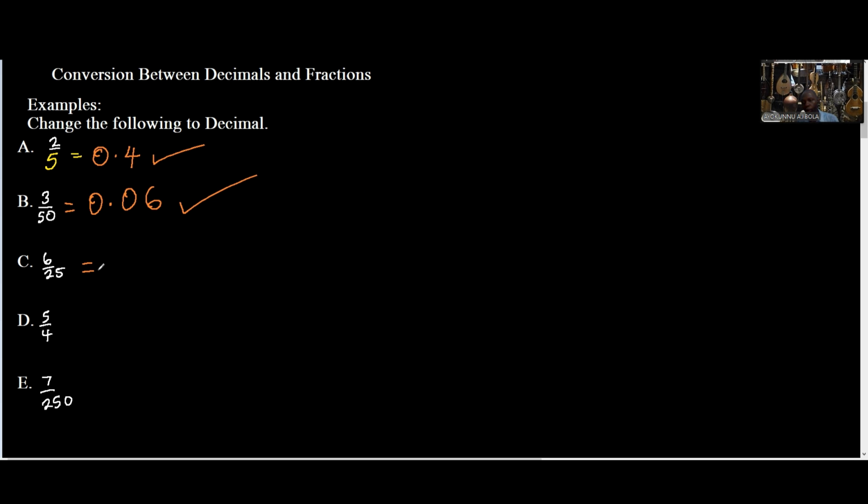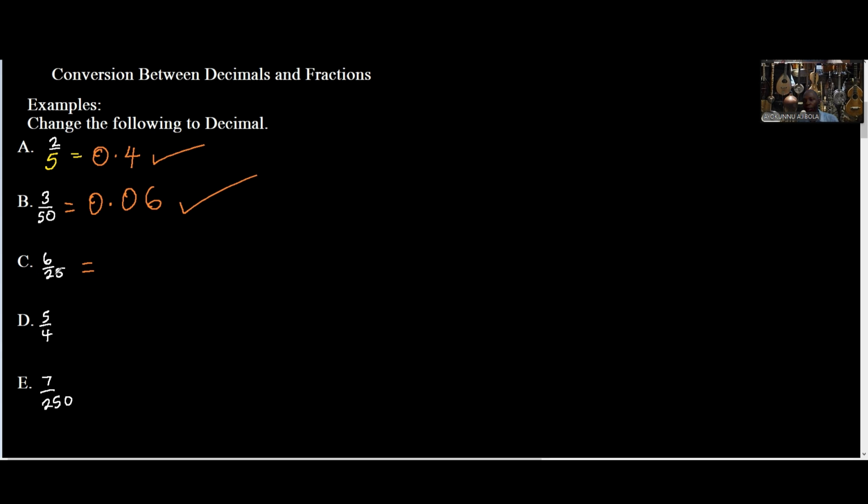Let's check the third one. Can 25 divide 6? The answer is no. I put an imaginary 0. So how many 25 is going to go in 60? That is 2, which is 50, right? Wait a minute, let me start again. I thought it's 6, not 5. Wait. This is 6 over 25, right?